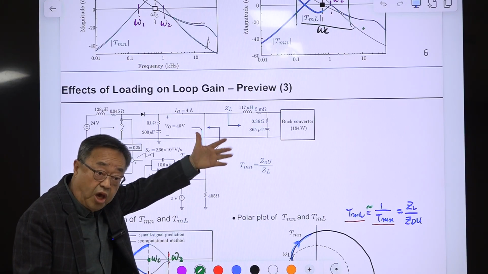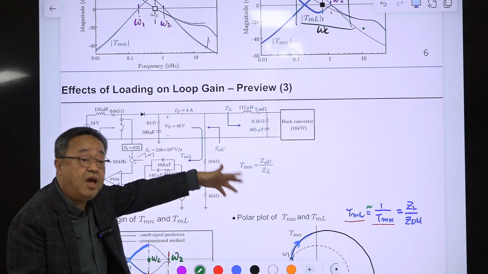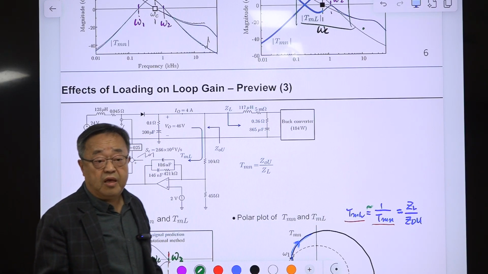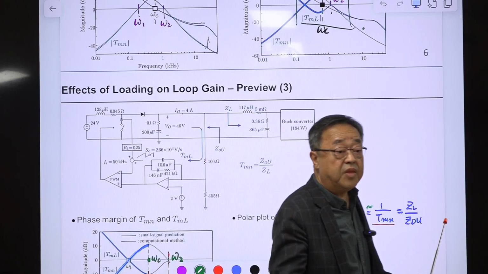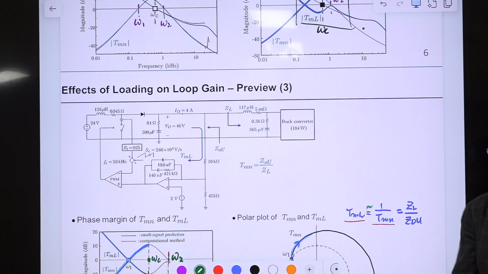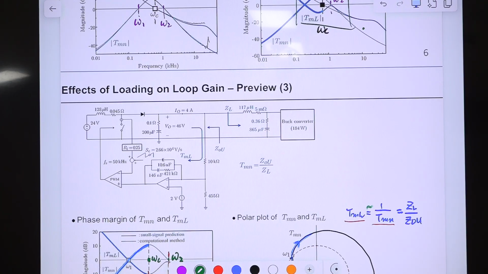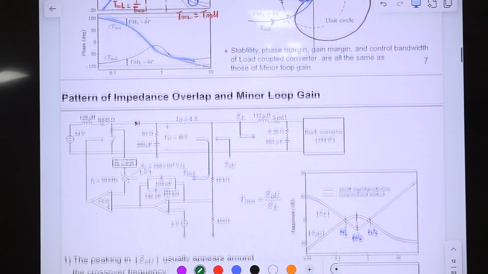Designing and shaping the minor loop gain is the same as determining this converter loop gain with the load subsystem connected. So this is a very good result. In this way, you can program the upstream converter by designing the downstream line converter. This concept is called impedance conditioning.